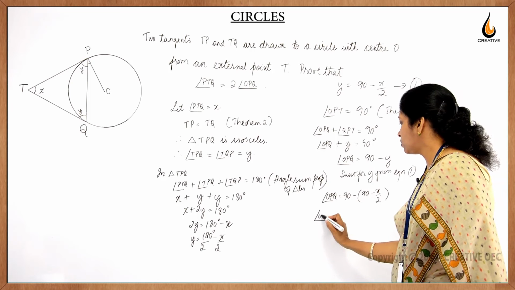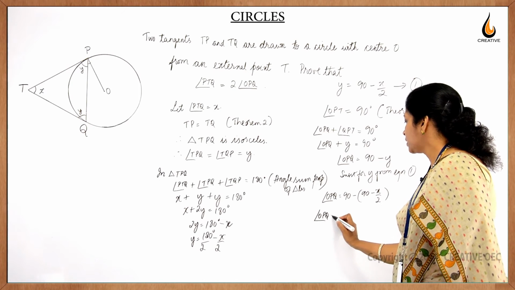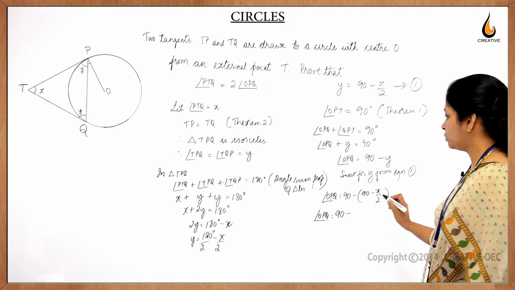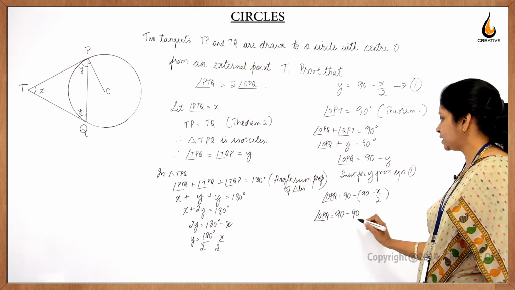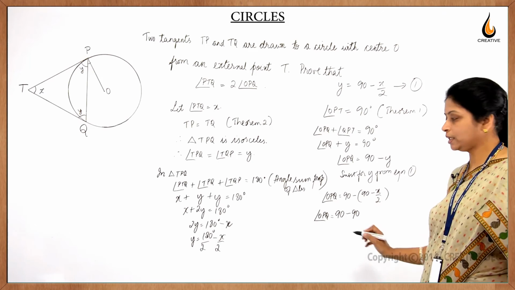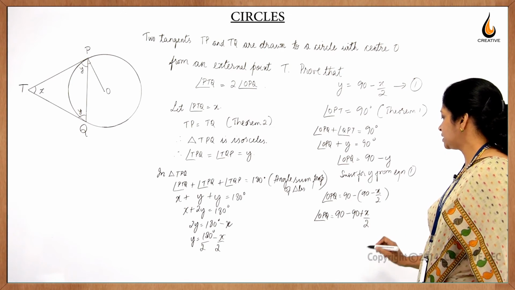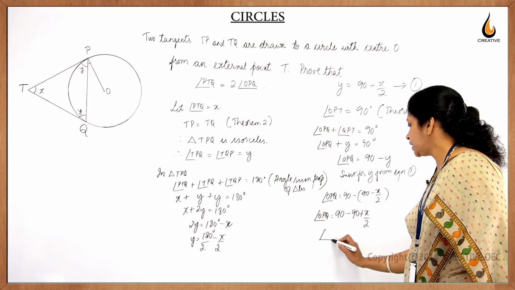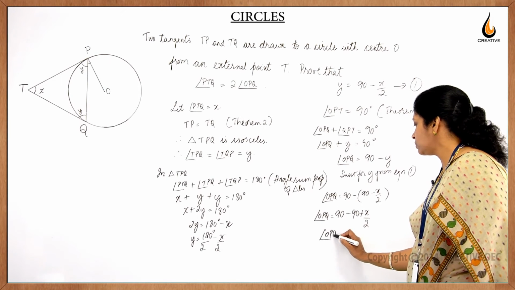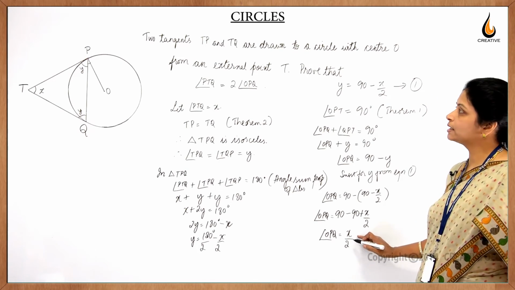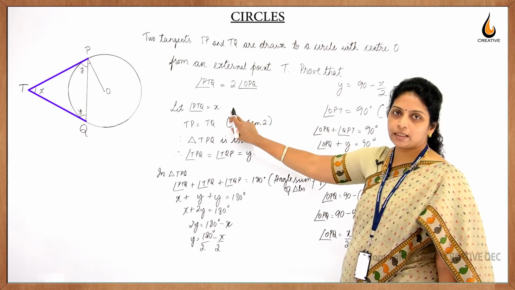Then we will get OPQ is equal to 90 minus, when you open the bracket this becomes minus 90, and minus into minus becomes plus x by 2. 90 minus 90 is 0. So, we get angle OPQ is equal to x by 2. So, what is x? X is nothing but PTQ.